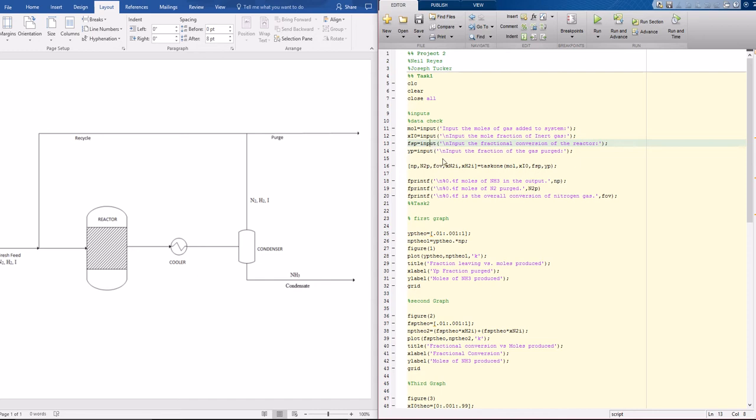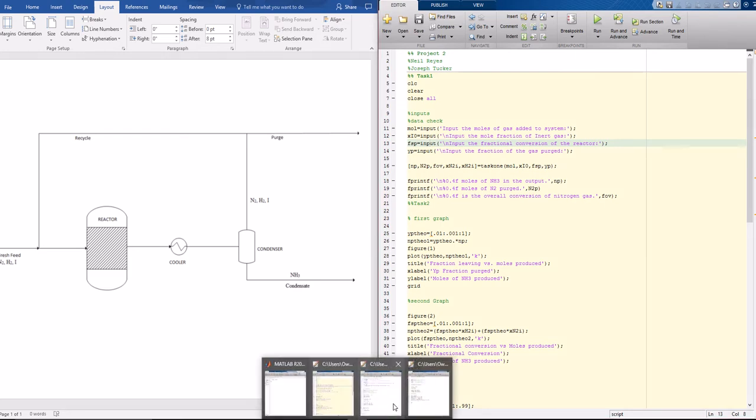Then the input, the fraction of gas purged off: when all the gases come out of the condenser, how much will be purged off, and how much will be sent to the recycle stream. The rest of that will be recycled and sent through the recycle stream.